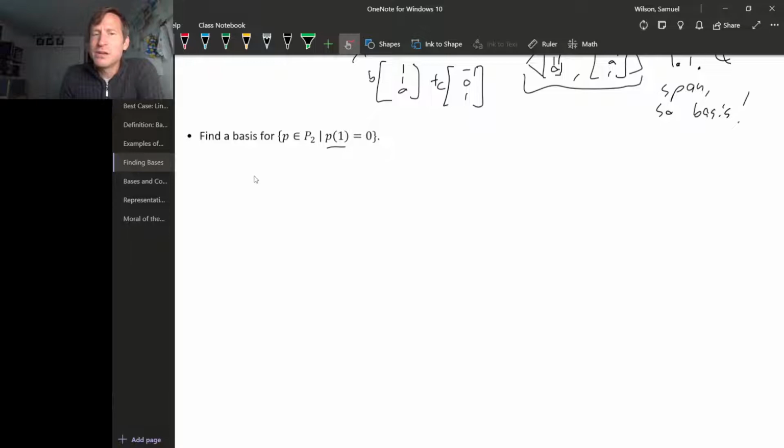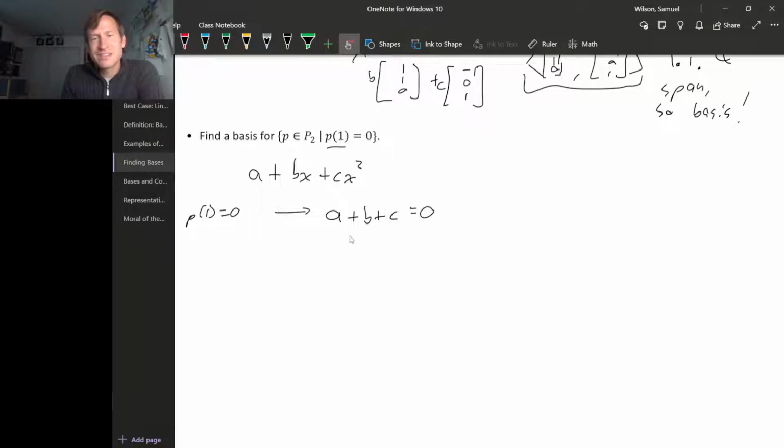Any polynomial in P2 we could write like a plus bx plus cx squared, right? But now let's add the condition that our polynomial has to be 0 when you plug in 1 for x. So p of 1 equals 0. That means that, well, let's plug 1 in here for x. That would give us a plus b plus c equals 0.